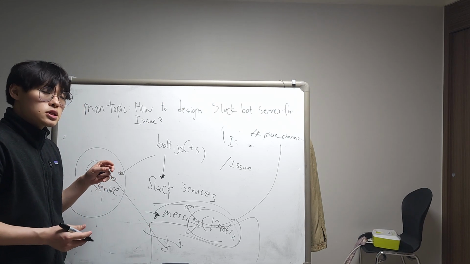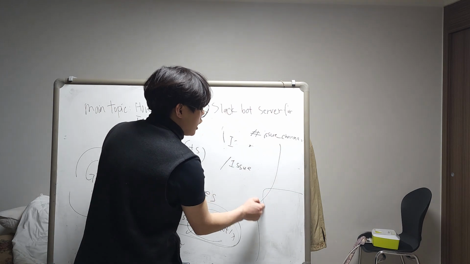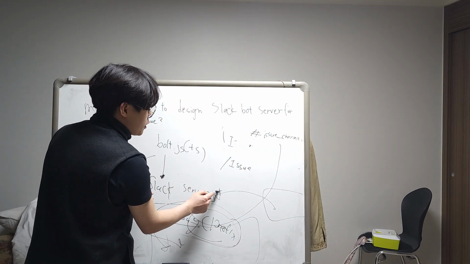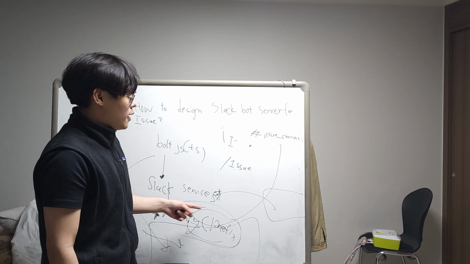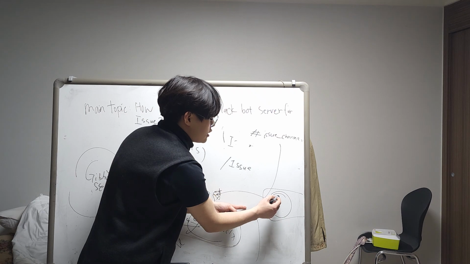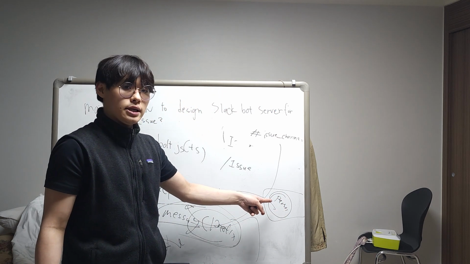But the question is, some engineer sends some kind of event on the Slack service. Well, how will we analyze this person's GitHub ID? We only know the Slack ID, right?